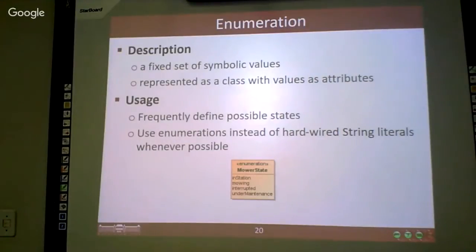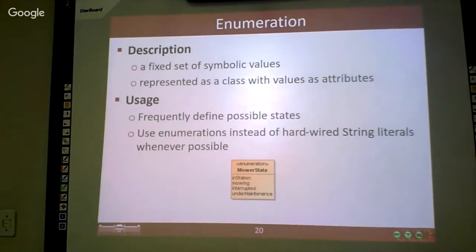Enumerations can be described as a fixed set of symbolic values represented as a class with values as attributes. And the typical usage of enumerations is to define possible states of the system.